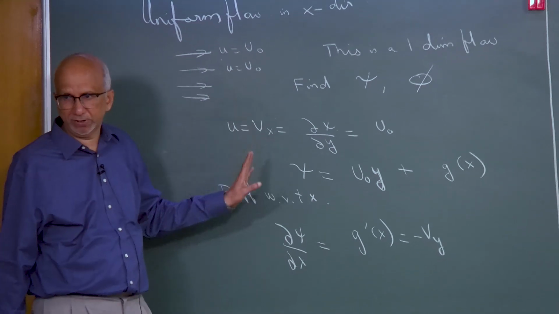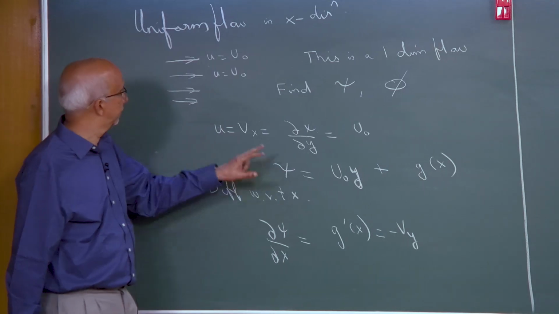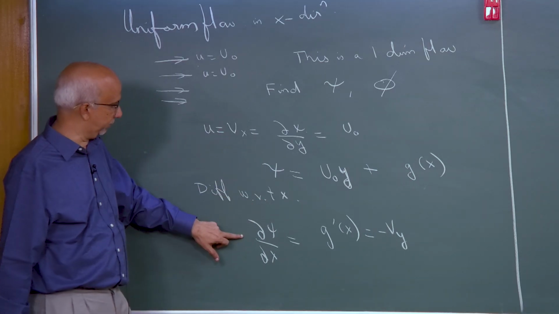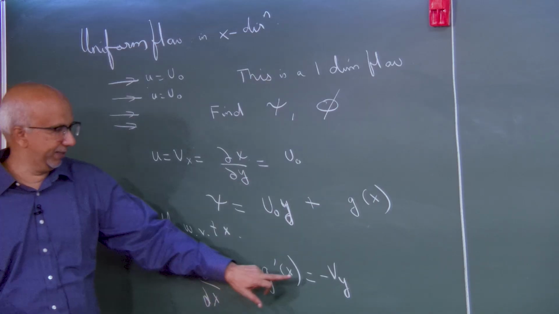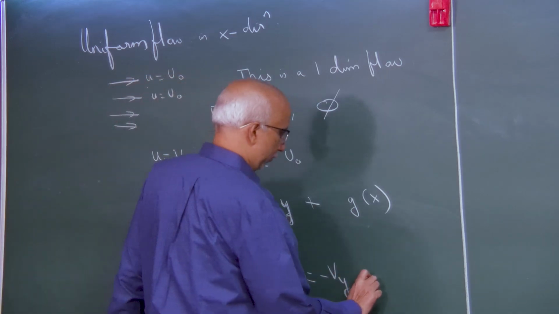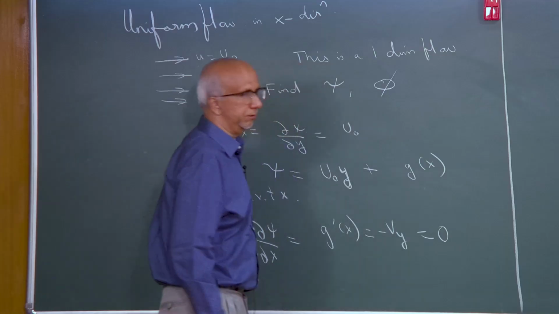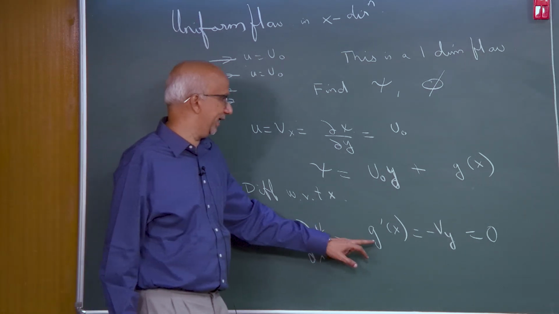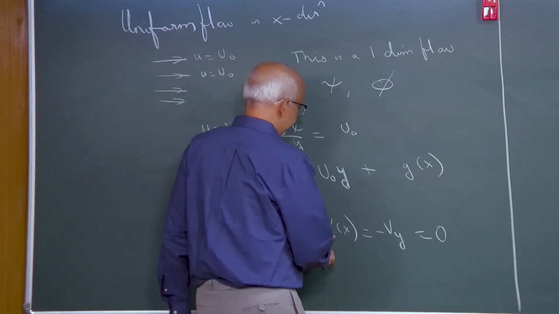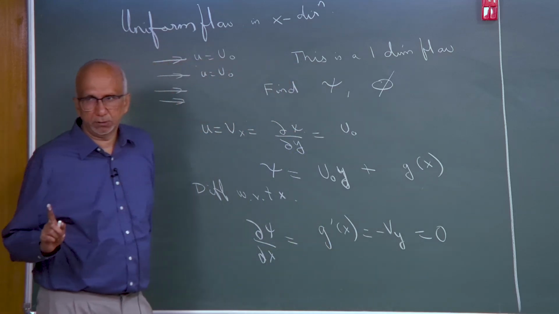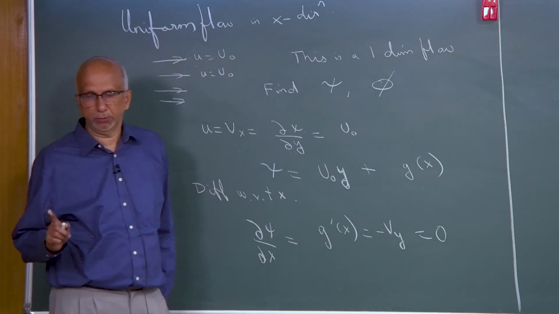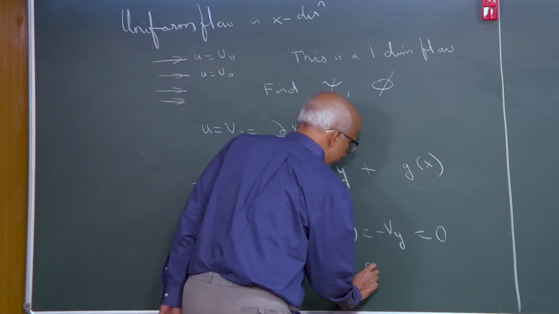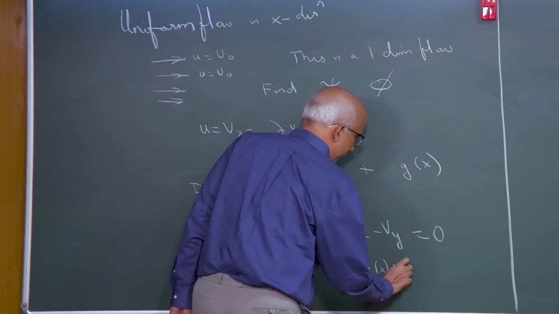And because this flow is one dimensional, there is no velocity component in the y direction, so that is 0. So, that means g dash of x is 0, and this derivative is a total derivative d by dx, okay. So, this implies g of x equals constant.